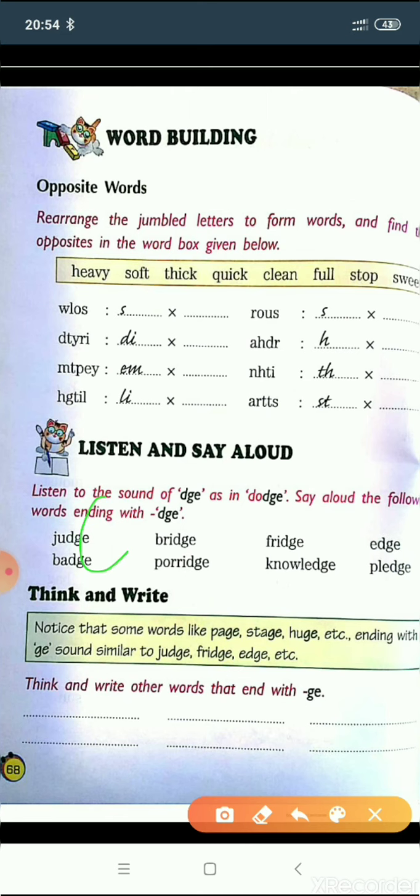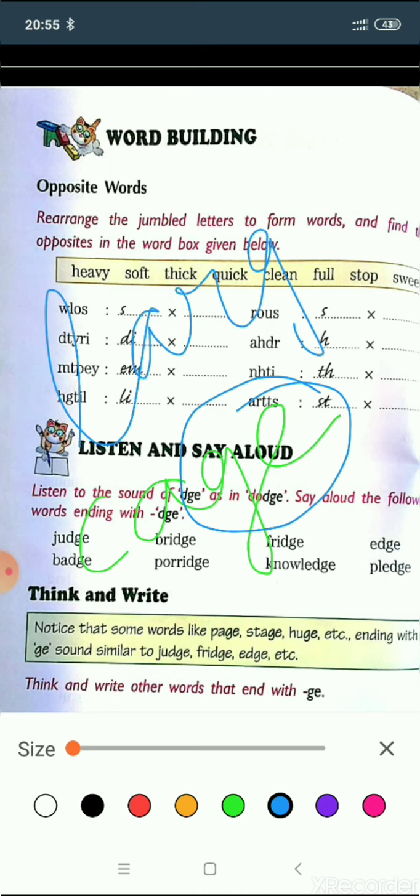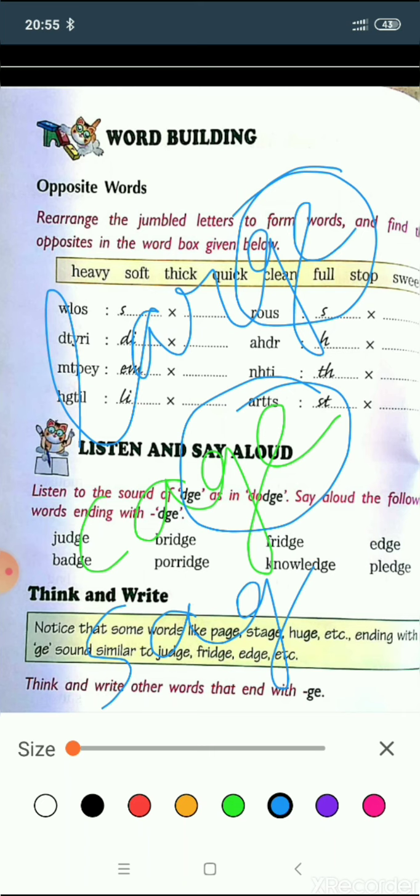You can write CAGE, cage. First word is CAGE, you can see the GE. Then we can use large, LARGE, GE is there. Then we can say sage, SAGE, GE is here.